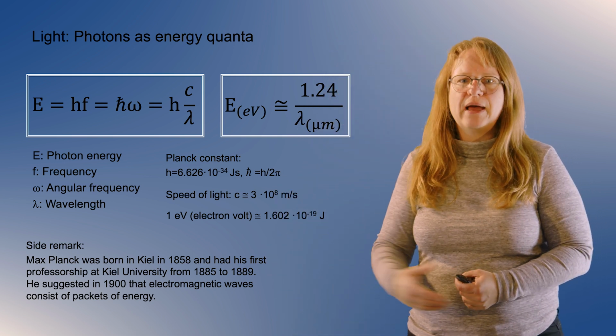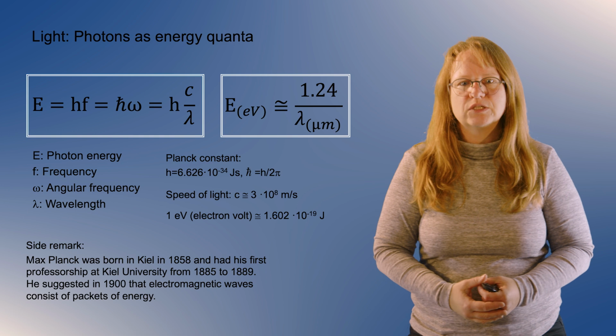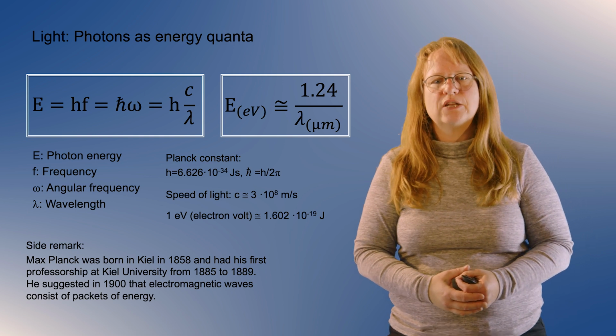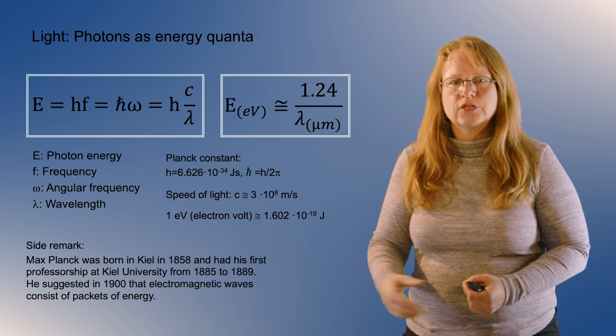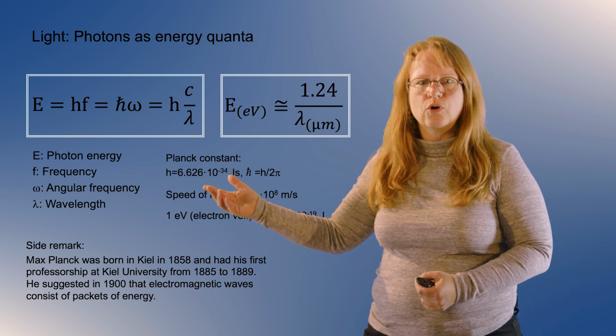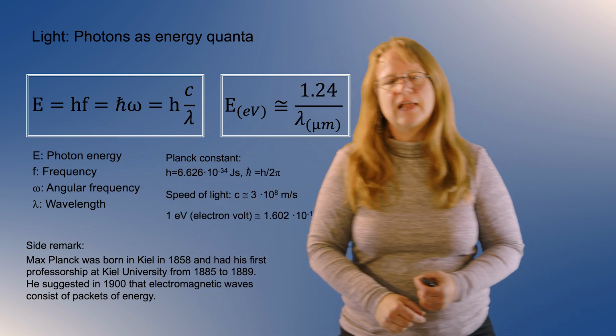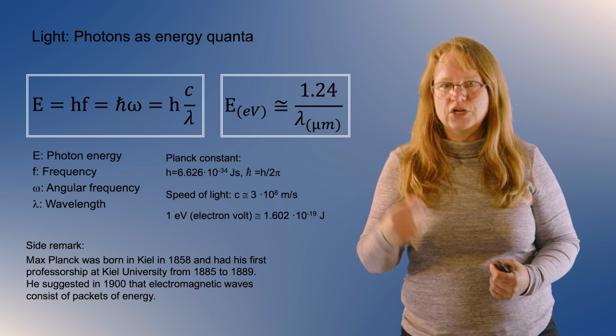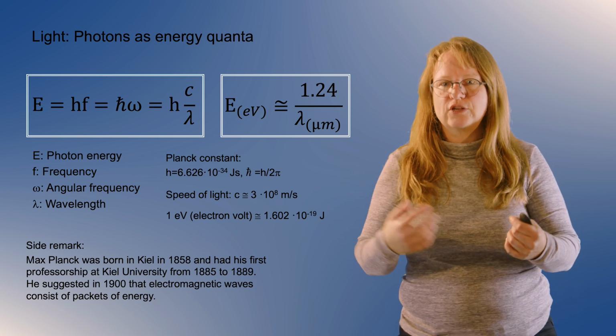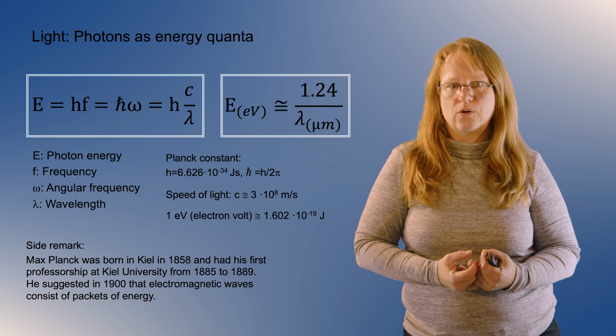And the Planck constant is given down here, that is 6.626 times 10 to the minus 34 joule second. So multiplying this Planck constant with the frequency of the light, we have a certain energy, and this energy defines if the photoelectric effect can happen or not.